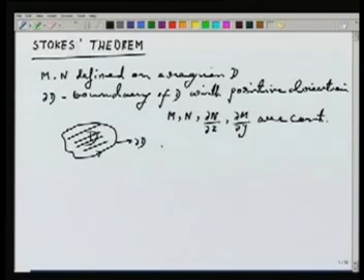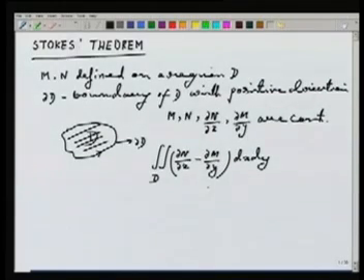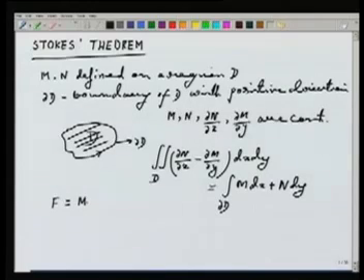then Green's theorem tells us that the double integral over D of del n del x minus del m del y dx dy is the integral over delta D of m dx plus n dy, where the right hand side denotes the line integral of the vector field f, which I can write as mi plus nj.